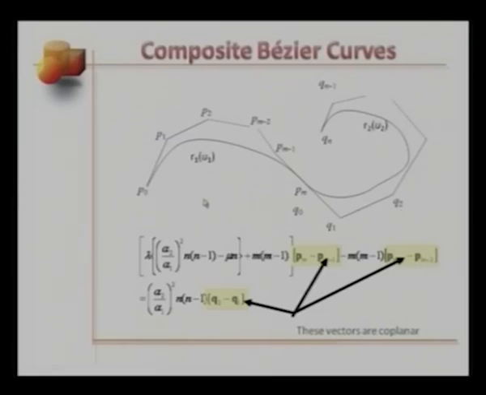As a designer, if you had chosen these points at will, Q0 is constrained to be the same as Pm for C0 continuity. That is the first design choice that you would lose. Q1 is constrained to lie along this line here.